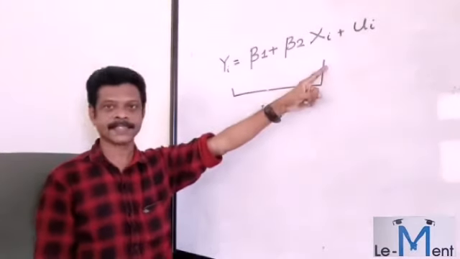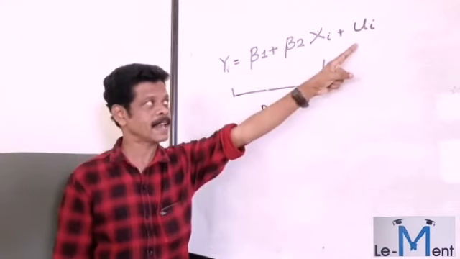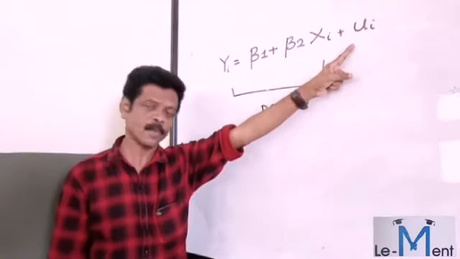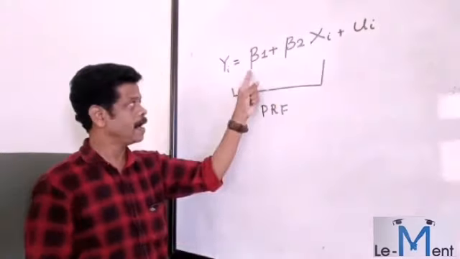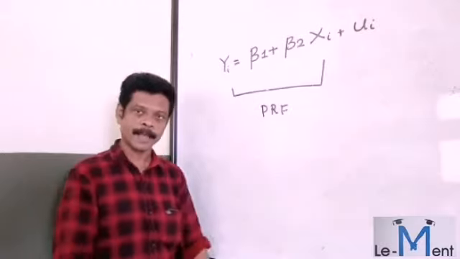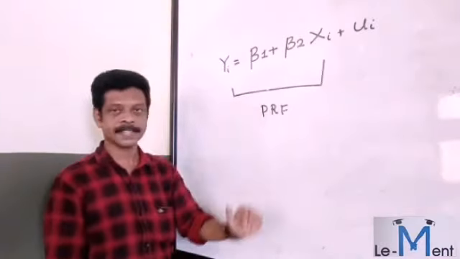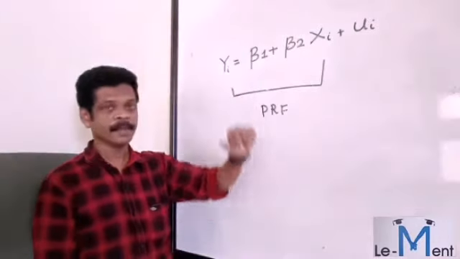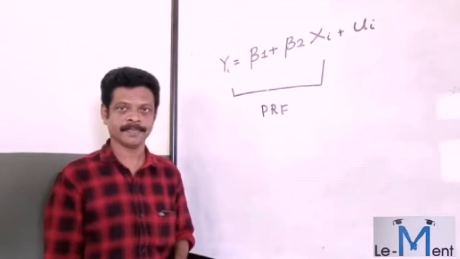Therefore yi and xi are observable variables and the random variable ui is an unobservable variable because its value cannot be observed. And beta 1 and beta 2 are the parameters of the model, also known as the regression coefficients, where beta 1 is the y-intercept and beta 2 is the slope coefficient.